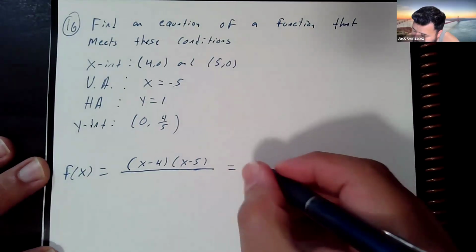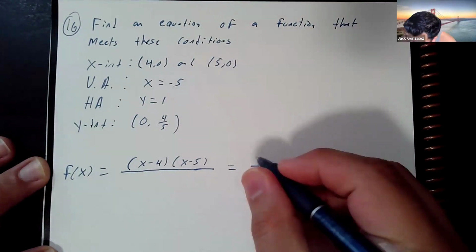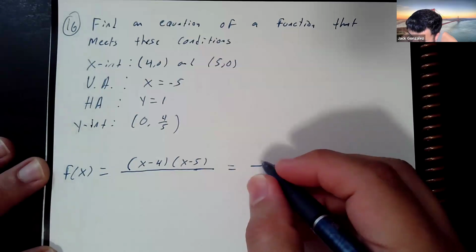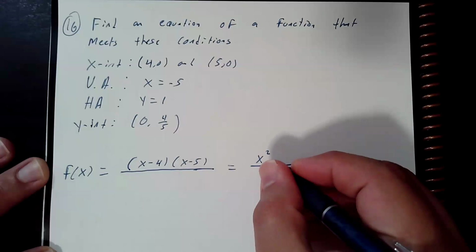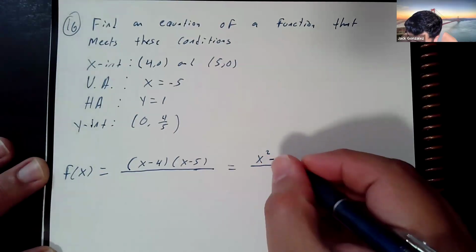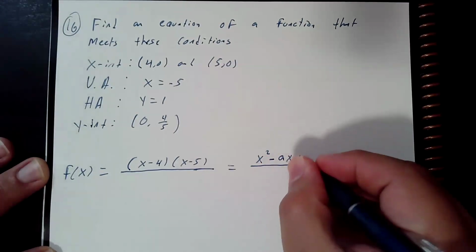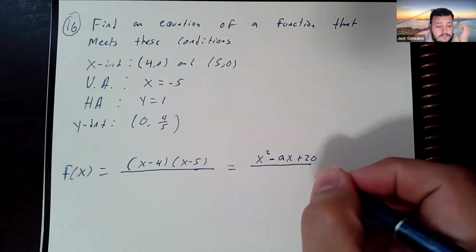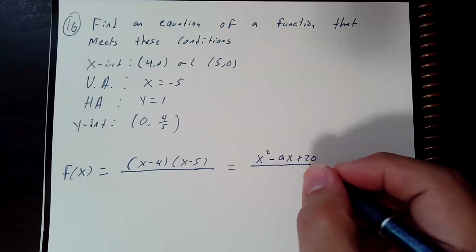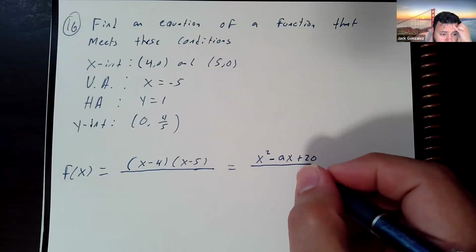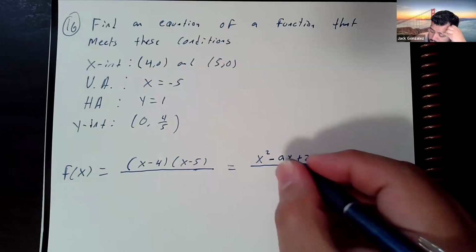Multiply that out: x squared minus 9x plus 20. So any answer that doesn't have this would be wrong. So it has to be A or D.